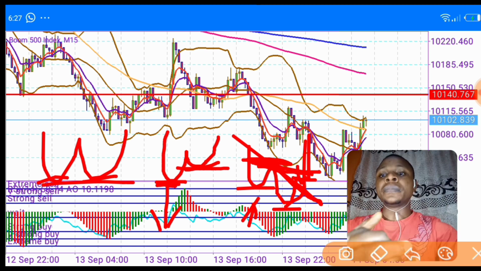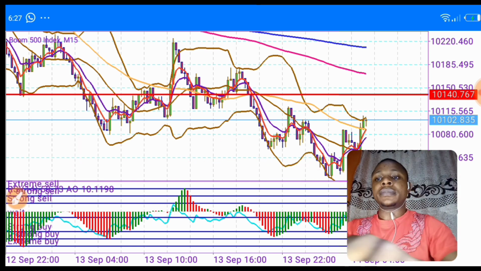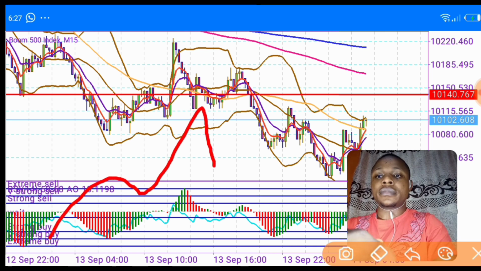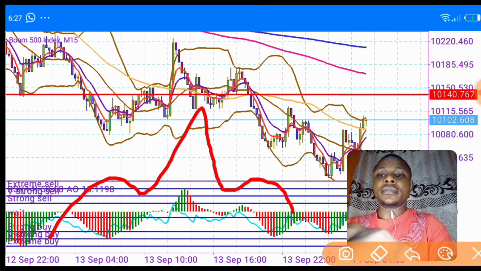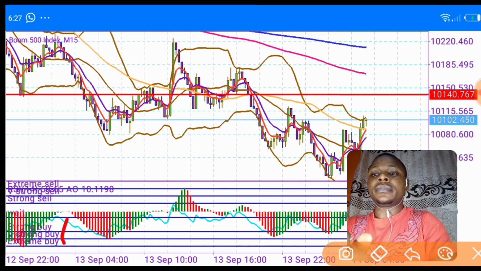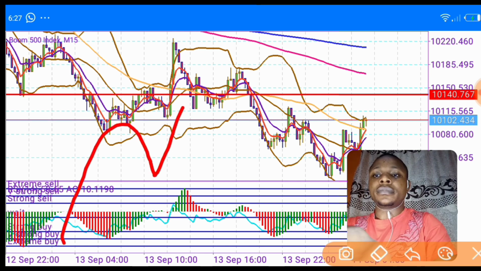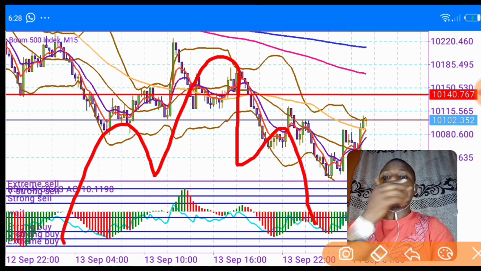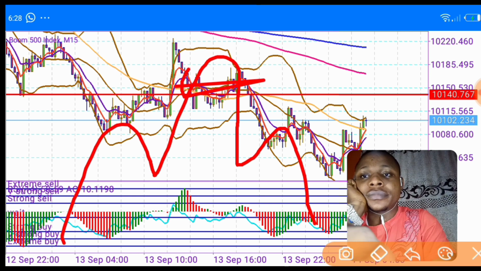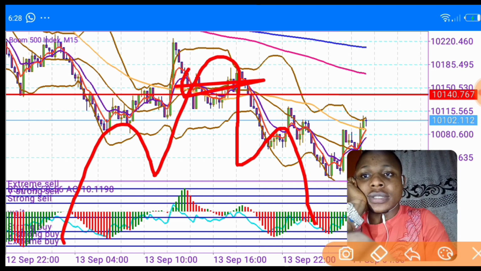That's all. Then we have head and shoulders. Head and shoulders is something like this. Let me draw it very well. Yeah, this is head and shoulders. This is the head. This is the first shoulder. This is the second shoulder.